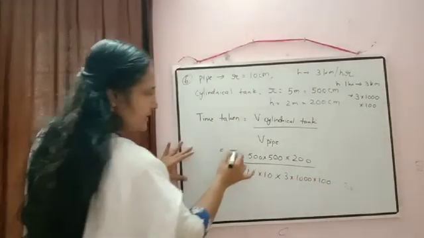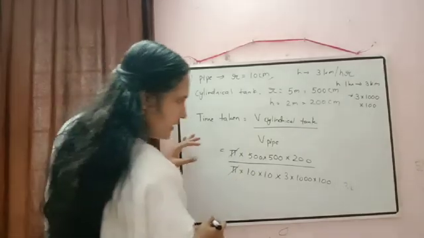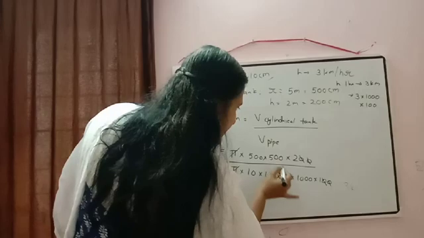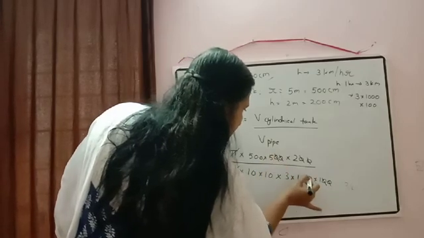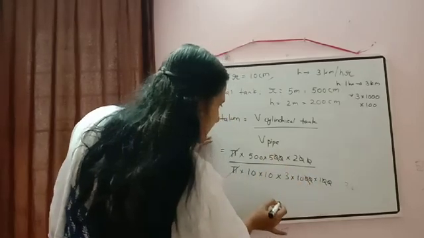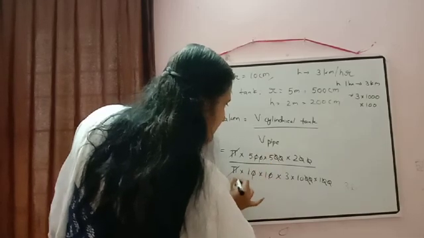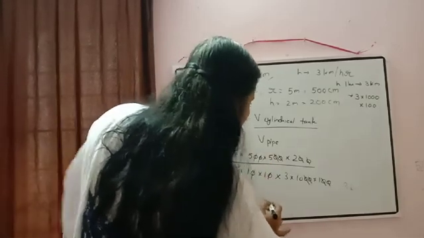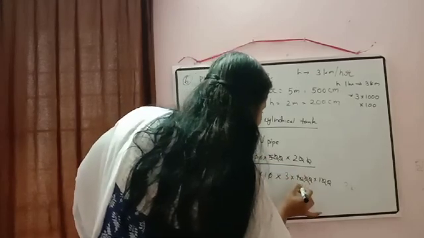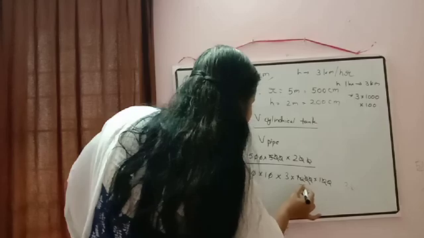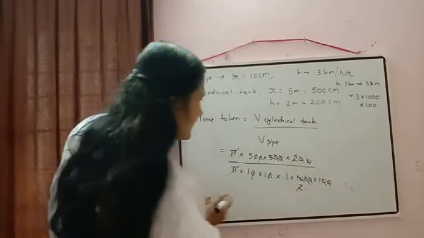Now just do the cancellation, pi and pi will get cancelled. 2 zeros cancelled here. Then here also 1, 2, so 2 zeros cancelled. Then here 1, 2, so 2 zeros cancelled. Remaining is what here? 5 ones are 5, 5 twos are 10. Then here it will be equal to 2 and 2 also will get cancelled.